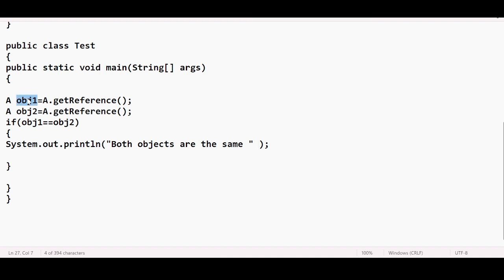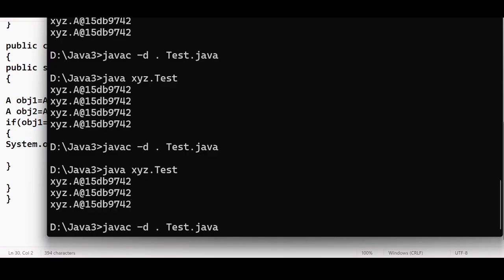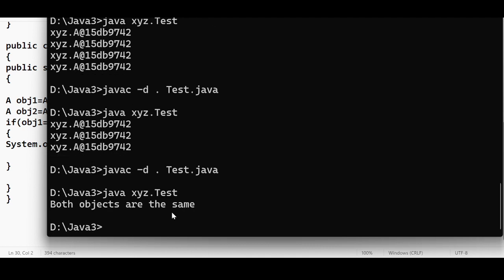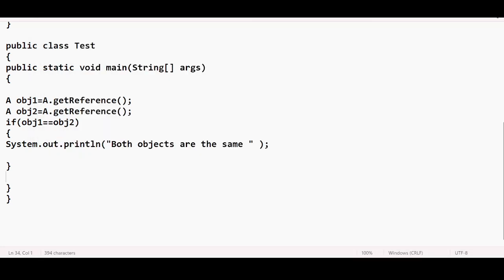Instead of printing the values, I can do this kind of check. This is the confirmation for us that both objects are pointing to the same reference.